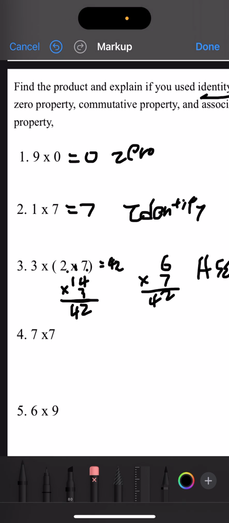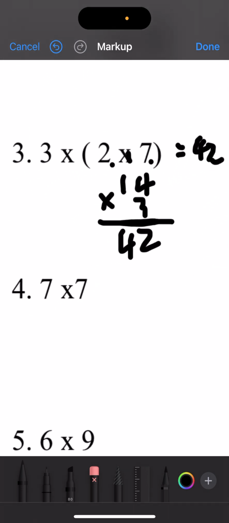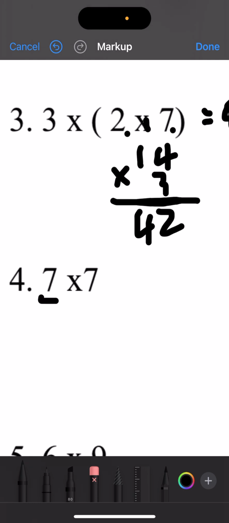Okay, number 4, 7 times 7. Because there are only 2 numbers being multiplied, no matter which one we put in the front, either this 7 or that 7, we are going to get the same answer because they are the same and we are multiplying. It does not matter which number comes in the front when you multiply, and we're going to get 49.